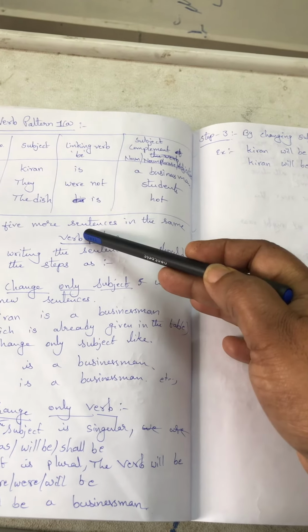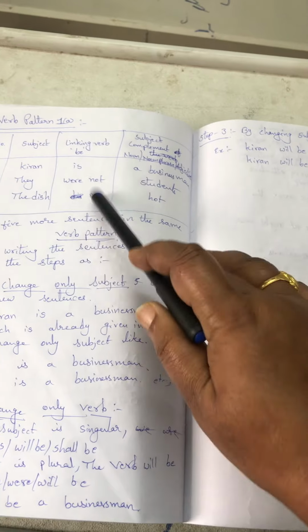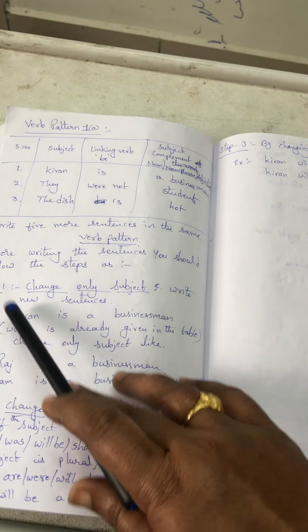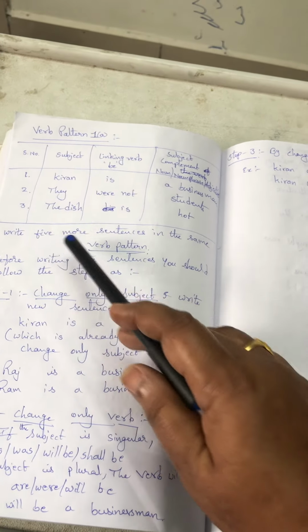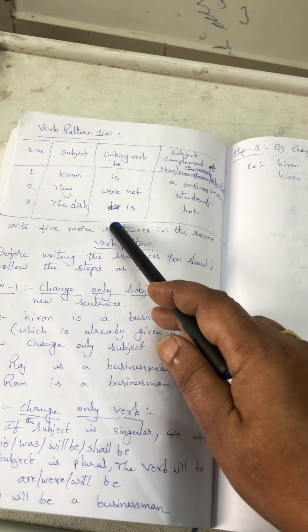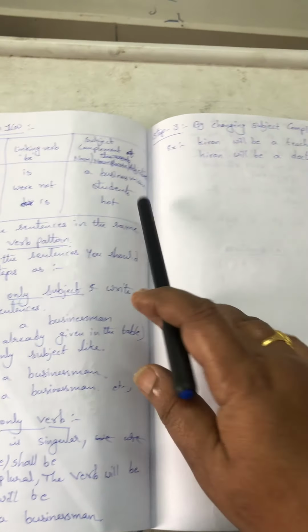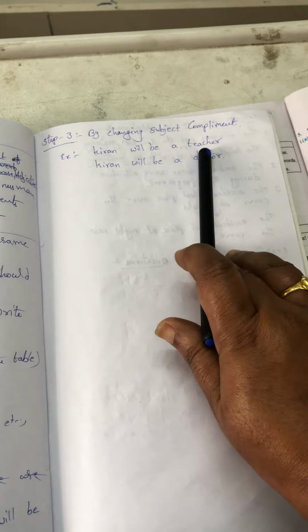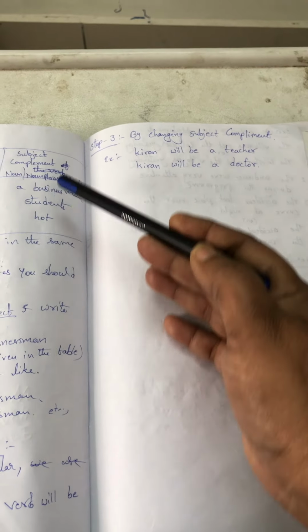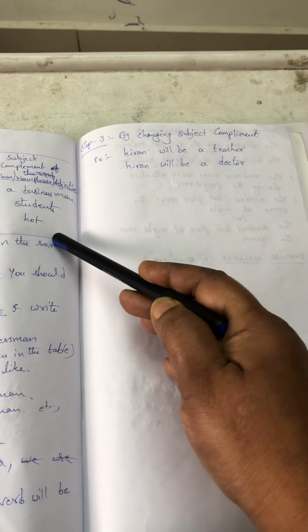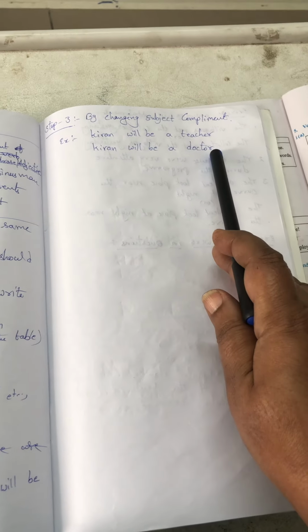Now this is only changing the verb formations. This is the second step in changing the verb. First step is changing only the subject. Second step is changing the verb. Okay. Now the third step is changing the subject complement or the object in a sentence. Kiran will be a teacher.